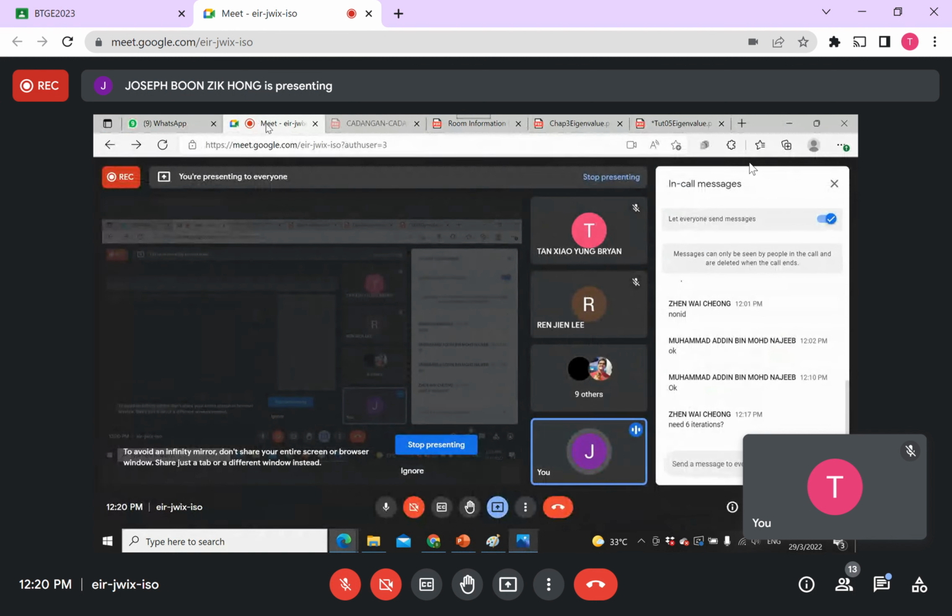Not necessary, I repeat again, not necessarily 6 iterations. I also cannot confirm how many iterations. Sometimes 2 or 3 iterations are enough, but most of the time it needs 5 or 6 times. Can or not?